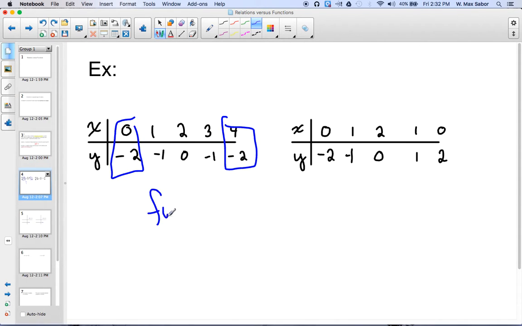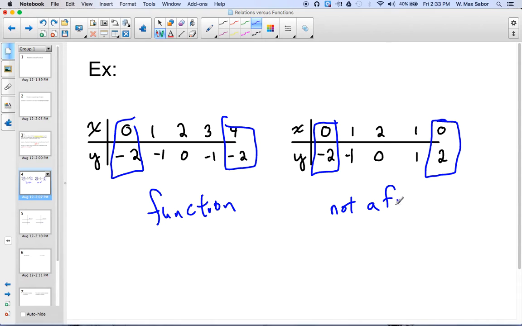This is still a function. But in this one, we have an input of 0, negative 2, and the same input, 0, 2, has a different output. So that's not a function, because the same input appears twice, having different outputs.